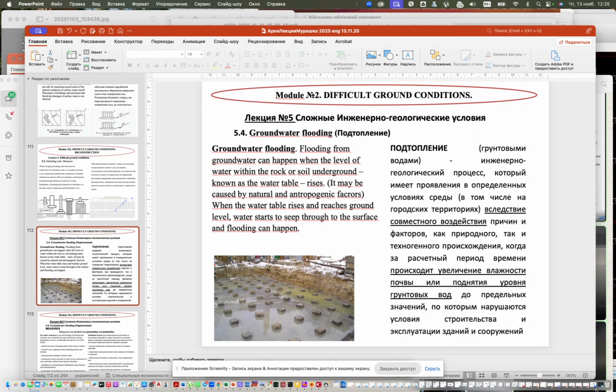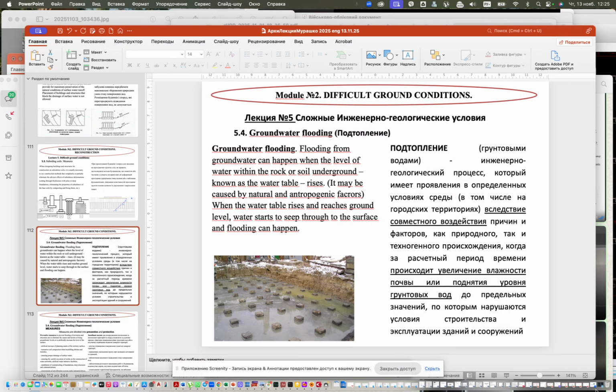But when we have only presence of water, so static water which has a certain level which can go up or go down, for example, the sand near the sea is almost 100% wet, and it will not lead to subsidence.